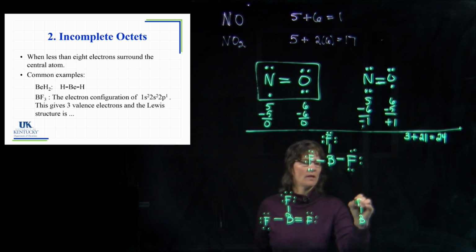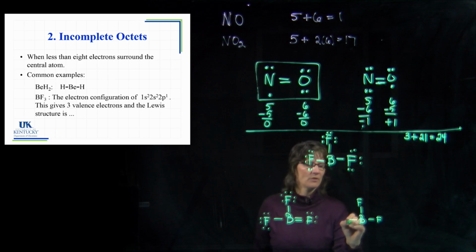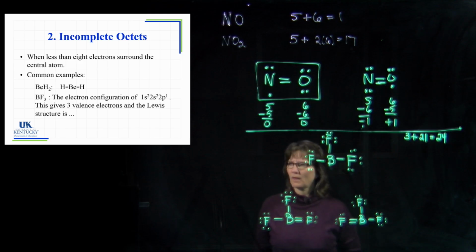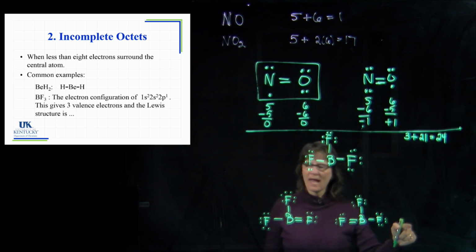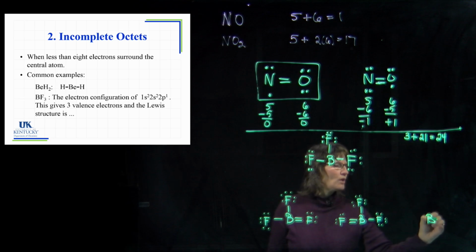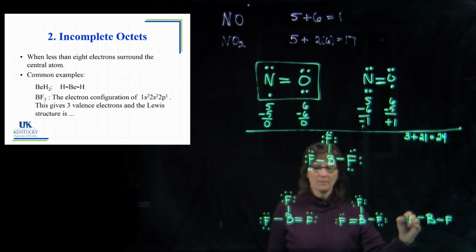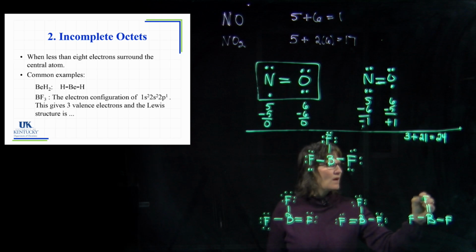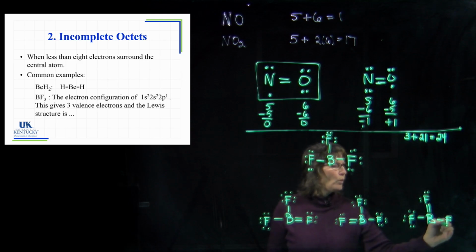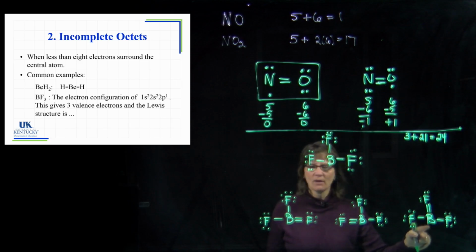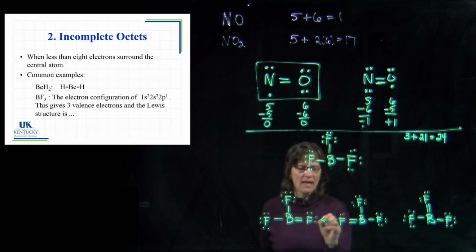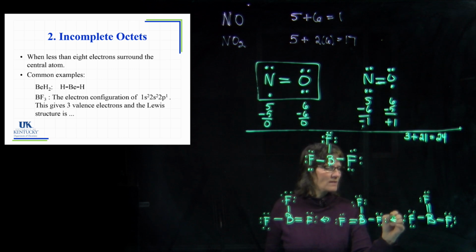So I have a boron with the 3 fluorines, and I want to put the double bond on this side in this case. Okay, and then I'm going to do the last possibility, which is to put the double bond at the top. So this is what we were trained to do when we have an incomplete octet on the central atom, is we go ahead and shift and we come up with these resonance structures.